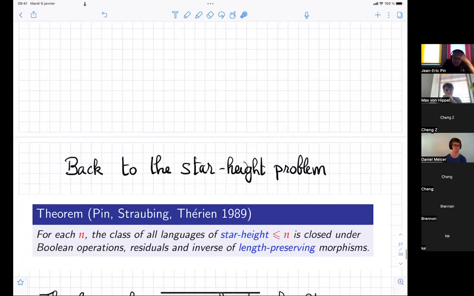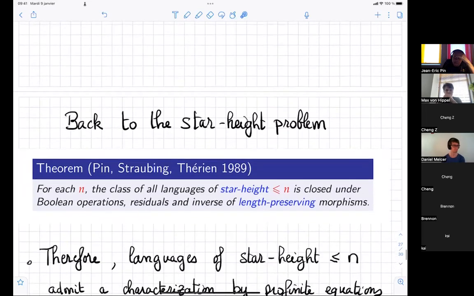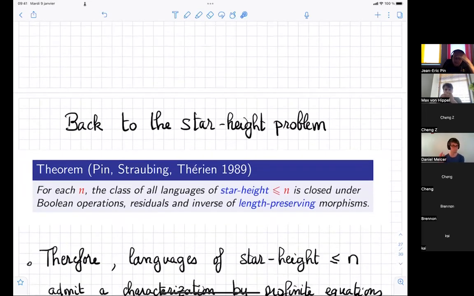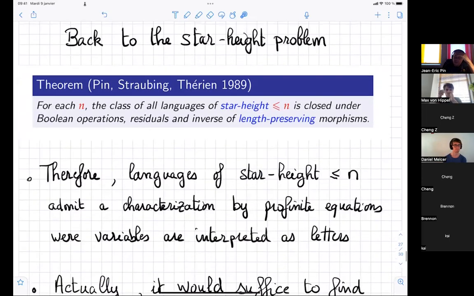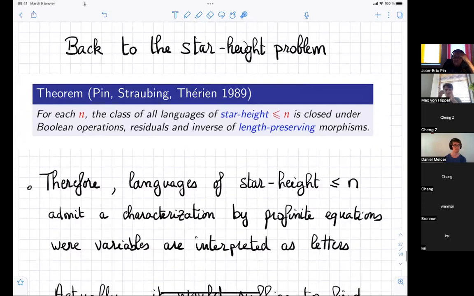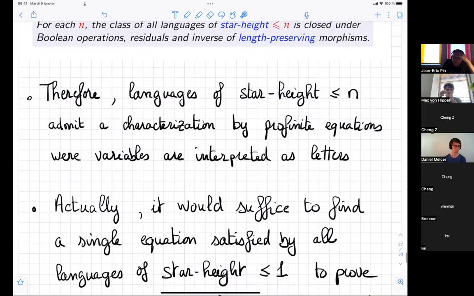So let me go back to the star height problem. As I told you, the languages of star height n are closed under Boolean operations, residuals, and inverses of length-preserving morphism. Therefore, by Straubing's theorem, they have a characterization by profinite equations where now variables are interpreted as letters. Very nice.